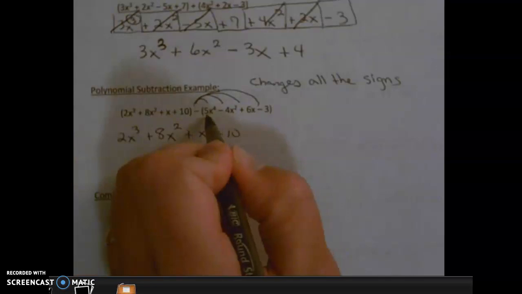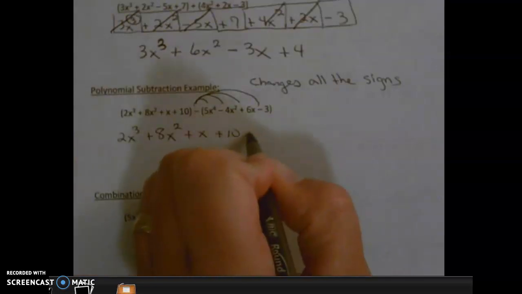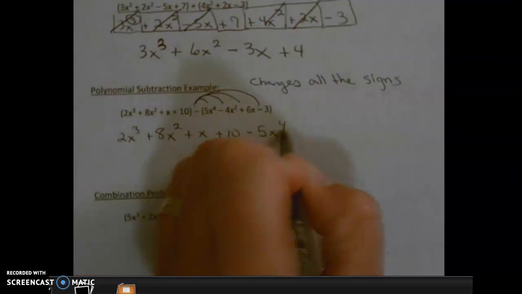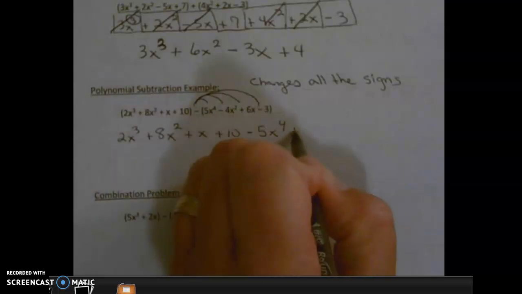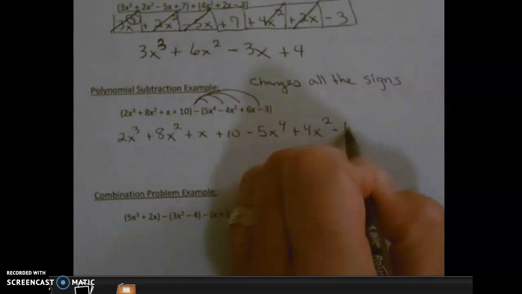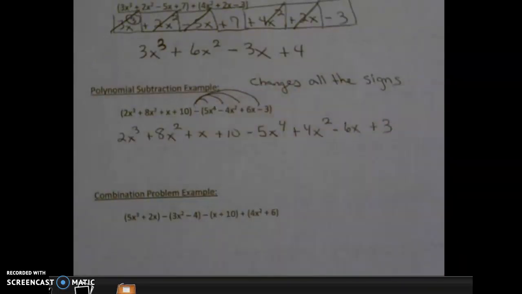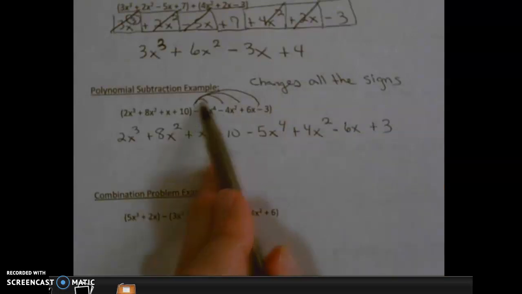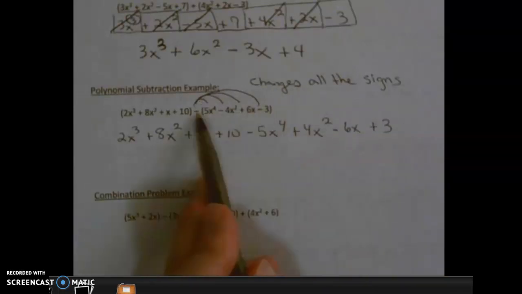And then we're going to change the sign. So it's going to be minus 5x to the fourth plus 4x squared minus 6x plus 3. It's kind of like multiplying by -1, distributing -1 throughout this entire expression.